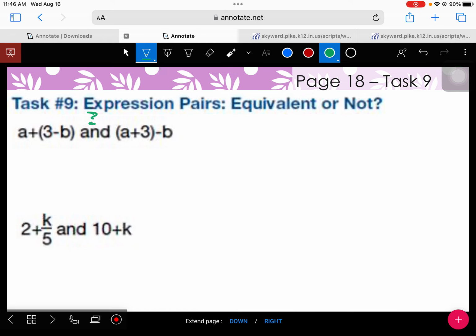I didn't solve it to get an answer. I just set both of them up as an equation. It wasn't the same thing. So I did the a into 3 minus b, and then I moved the negative b into 3 and a, and they got two different results. Yeah. Okay.